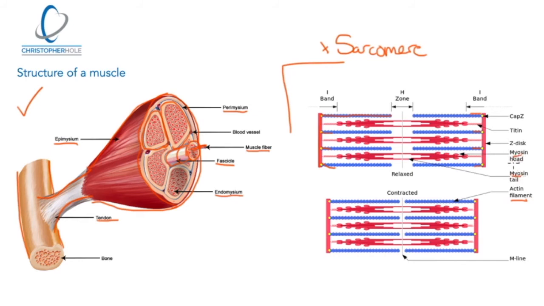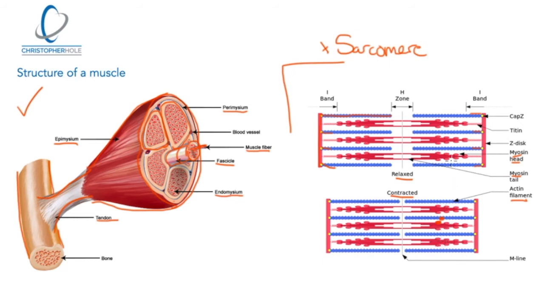Obviously, you've got the myosin heads, and they attach to the actin and pull the actin towards each other, so you get into the contracted state. This would be the relaxed state, where it's far apart, so muscles are lengthened, and then you've got the contracted state where they're pulled together. But they are pulled together by these myosin heads that bind onto the actin and pull it together.